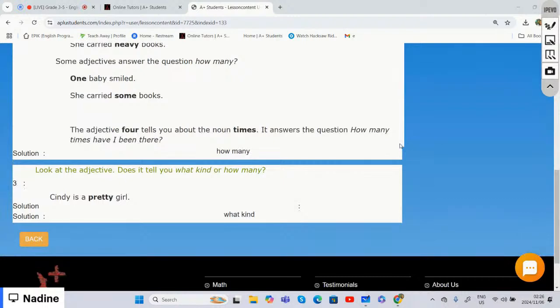And the last one, it says Cindy is a pretty girl. So pretty describes Cindy. Does it tell us what kind or does it tell us how many? Pretty. What kind or how many?